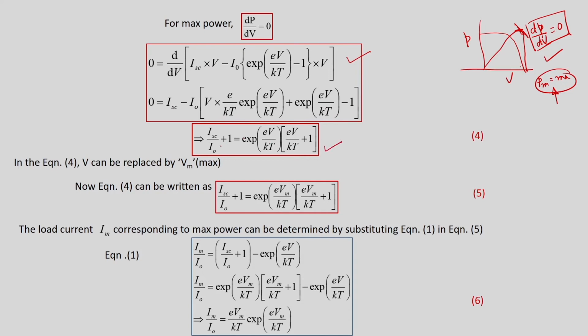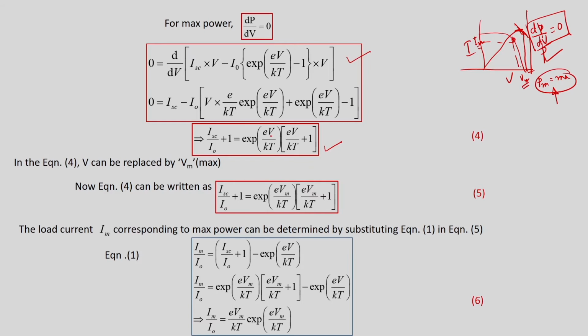Here, this B can be replaced by Vm, because at this point, for IV, this will be I and P in the secondary line. So, this may be Im, this may be Vm. Once we know Vm and Im, of course, we can calculate Pm.